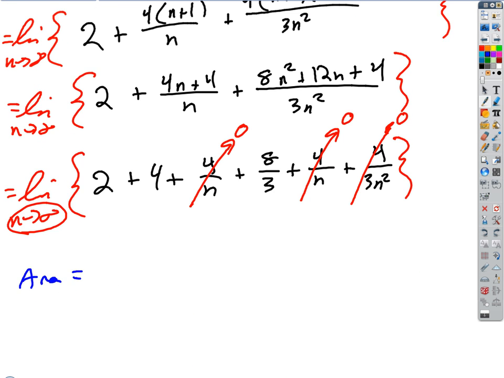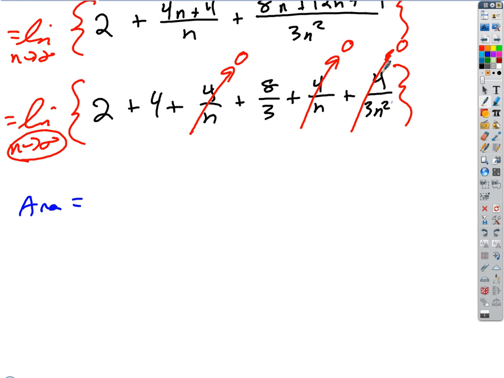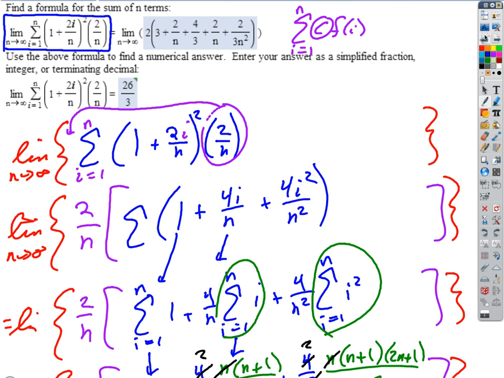So that's our answer right there, isn't it? See what I'm saying? Before we actually took the limit, we've got the limit as n approaches infinity. So all that stuff before we eliminated the terms is what you'd be writing in there. You can distribute the two, and it should still be fine. Okay? And then we want the numerical answer when we take our limit.